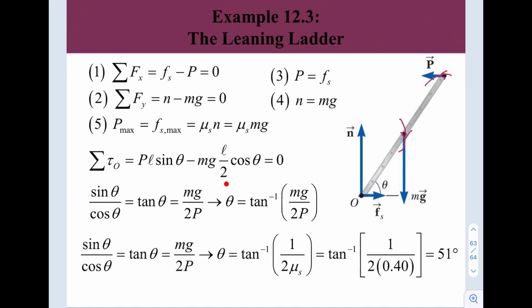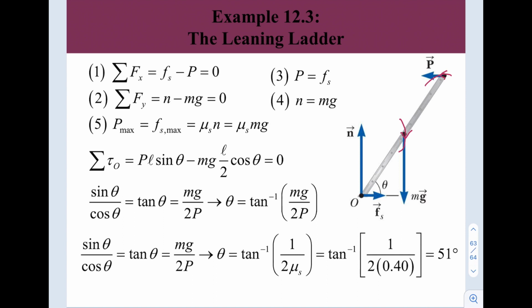It's going to be mg times half of the length of the ladder times cos theta, because that is perpendicular to the ladder. So if we see here, you have sine theta and you have cos theta. We are going to use tangent theta to simplify the sine and cos. So we use sine theta over cos theta equivalent to tangent theta, where we are going to have mg over 2P.